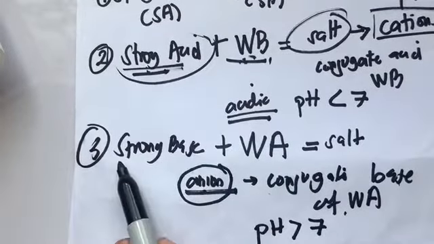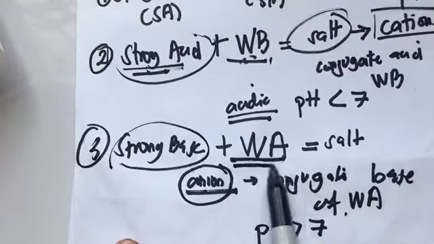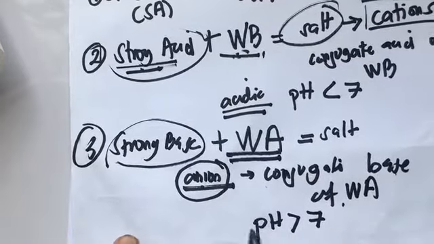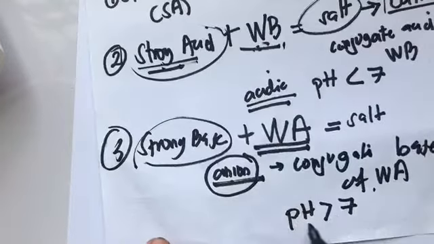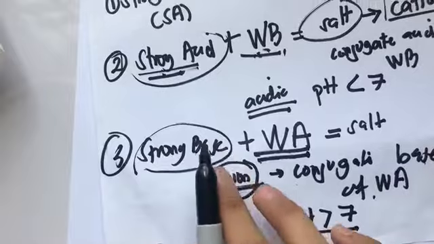The stronger here is the base, the weaker is the acid. That's why the salt it forms is basic, because the base is stronger. But this scenario is for stronger acid plus stronger acid.